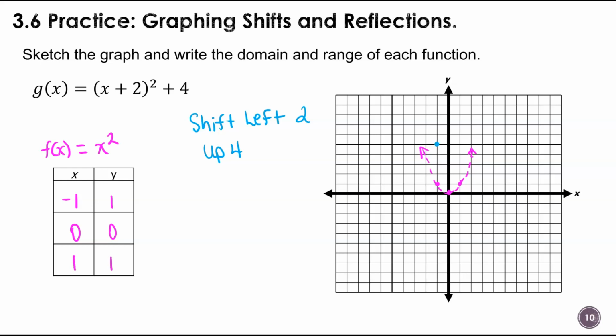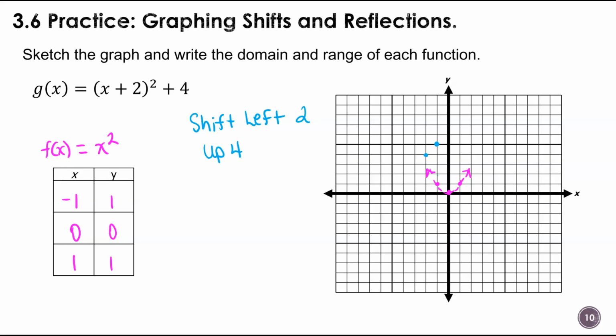So I'm going to shift left 2, 1, 2, 1, 2, 3, 4. Oh, I maybe want to take that off so it's not as high up there. I can make this a shorter graph by just taking off a couple of my dashes and say, okay, this is my little parabola down here.